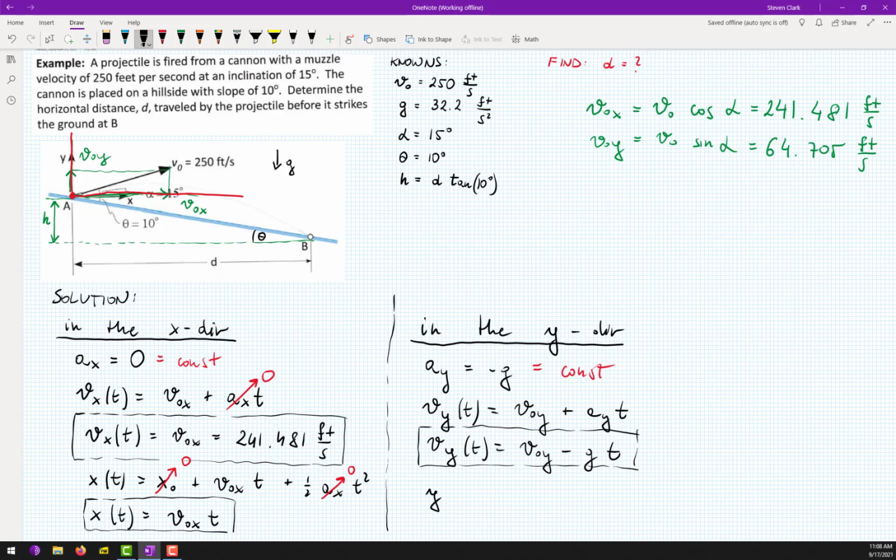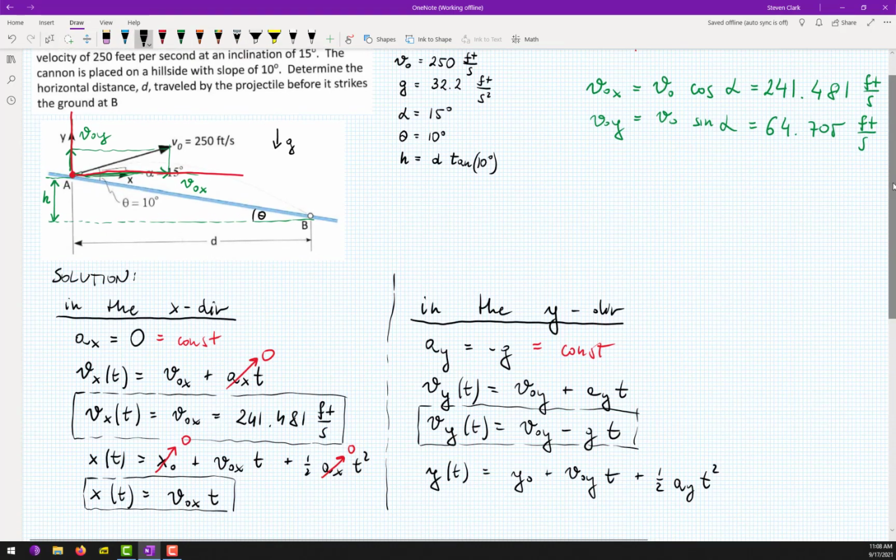And for position, it's analogous, with t squared. This is 0 again for the same reason, and this is minus g. So y of t is equal to v0y t minus 1/2 g t squared.